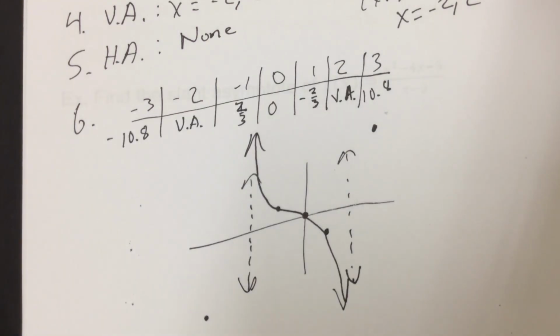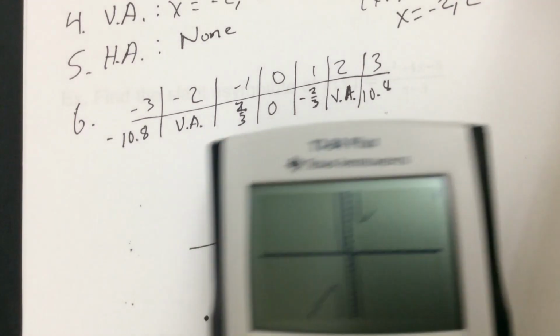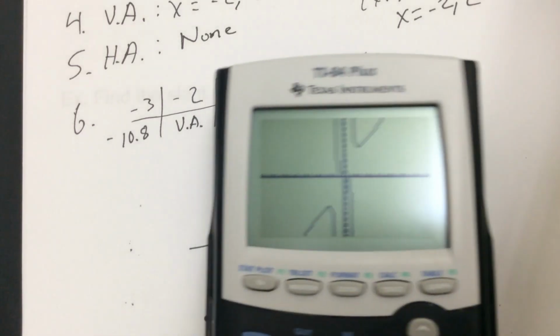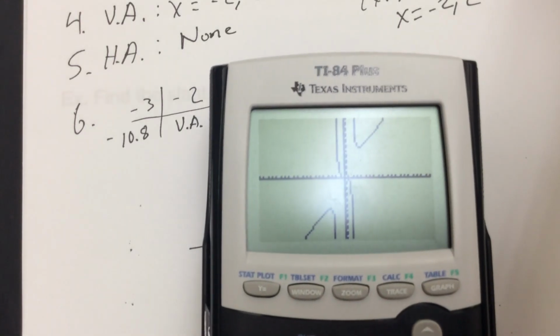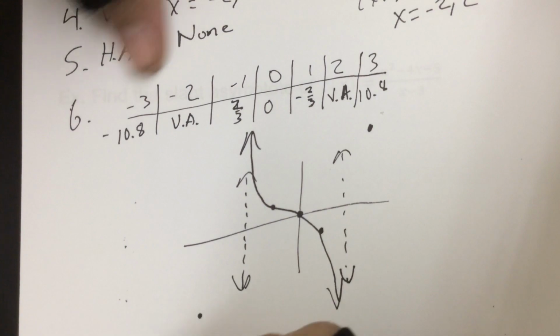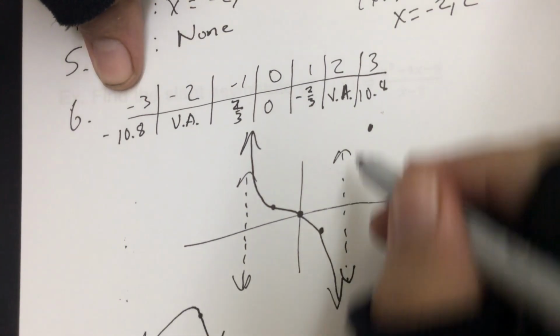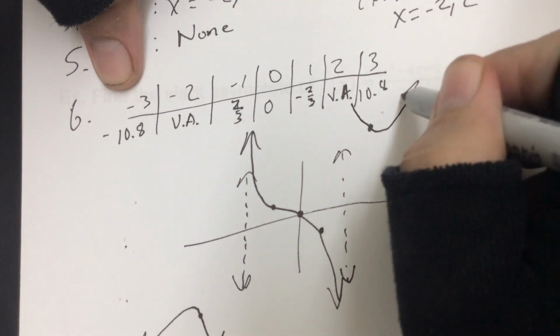So I'm going to change my window to negative 20, 20 for my X and my Y's. Okay. But yes, this is what we're going to have happen here. Now, if I go to graph, this is coming like this. This one's coming like this.